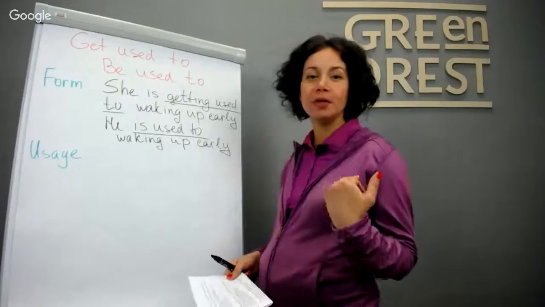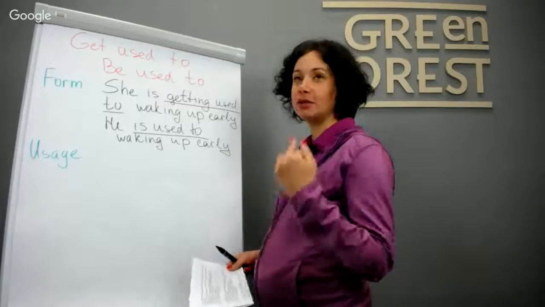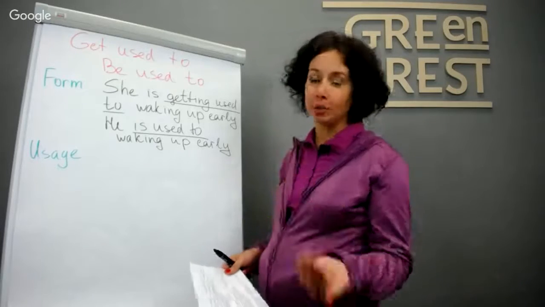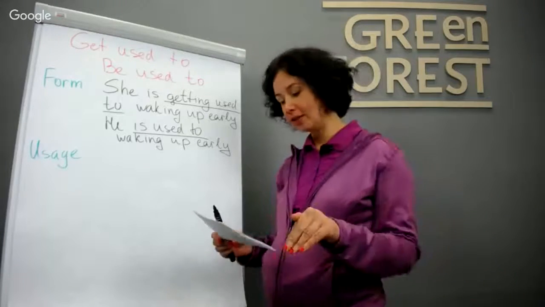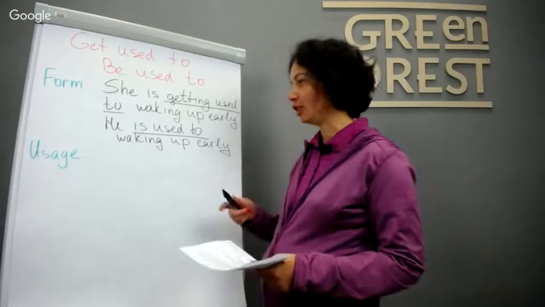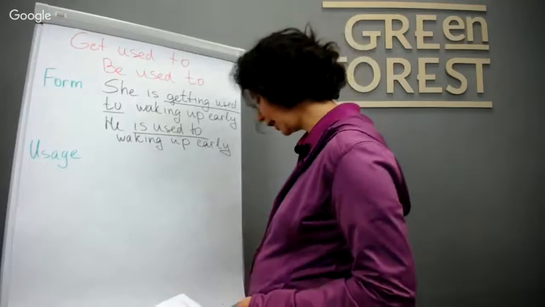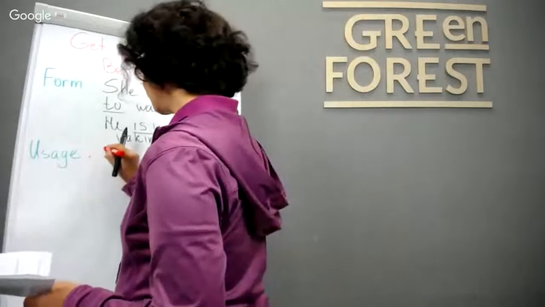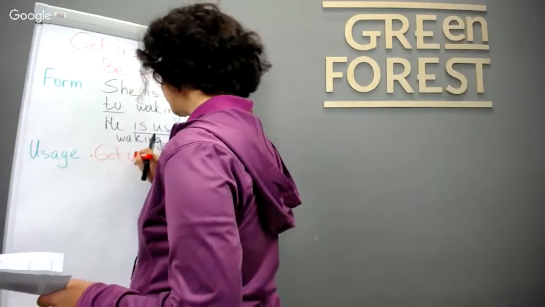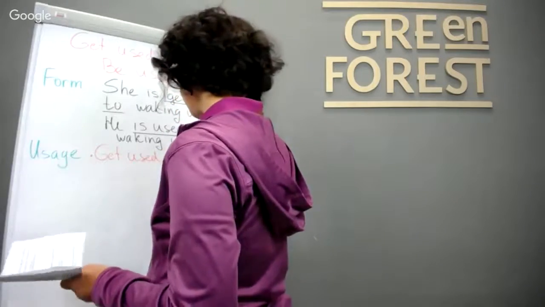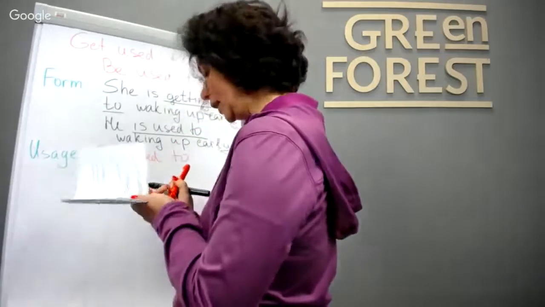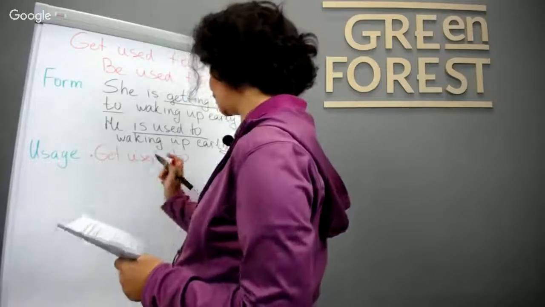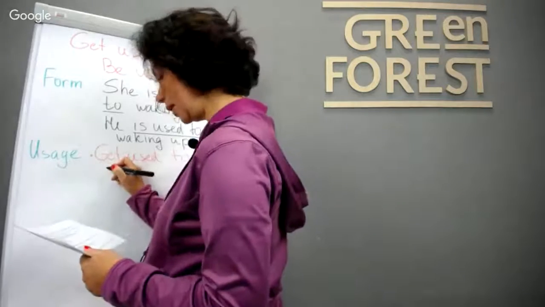So when you are in the process of changing, it's not normal for you yet, but you are in the process of changing. So this is our construction, get used to.